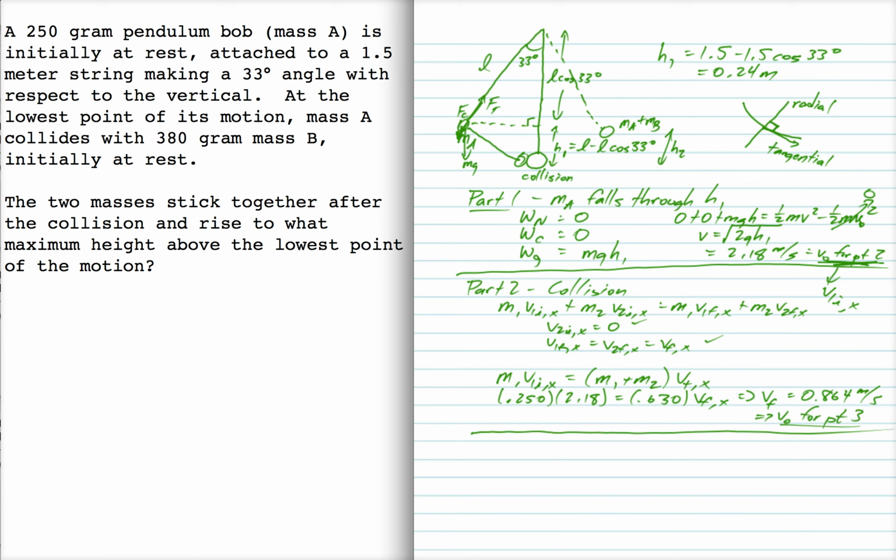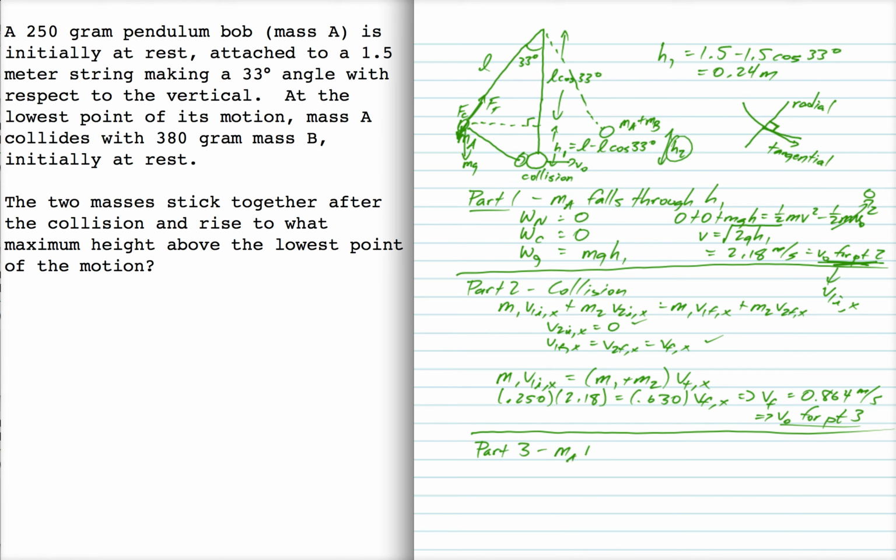Now, for part 3, the two masses are going to rise up to their final height, h2 here. They have some initial speed here, v naught. At maximum height, of course, their final velocity will be 0. So again, we have to consider what are the forces that are doing work on the pendulum for part 3.